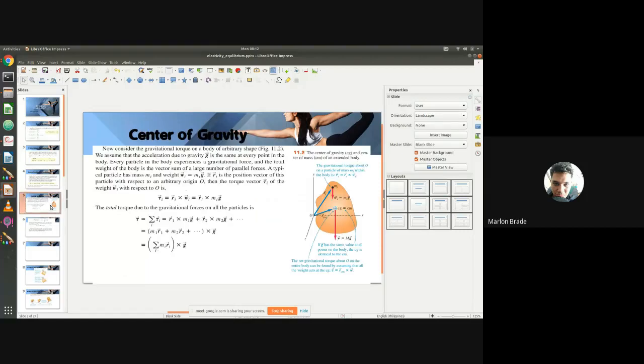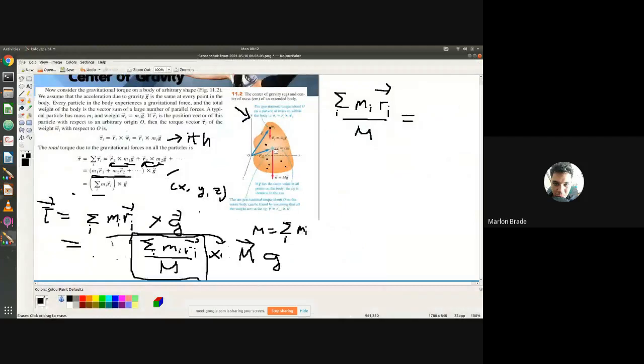So kung mao ni imong origin, then mao ni imong center of mass, so mao ni siyang RCM. This is the vector connecting the origin and the center of mass. So this is actually RCM. Dili ni siya center of mass, but a vector connecting the origin and the center of mass.